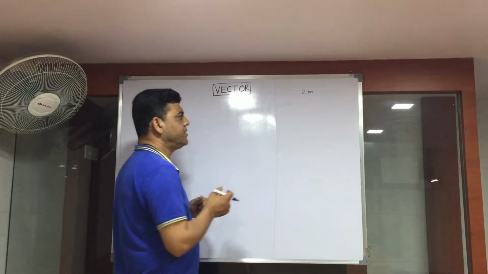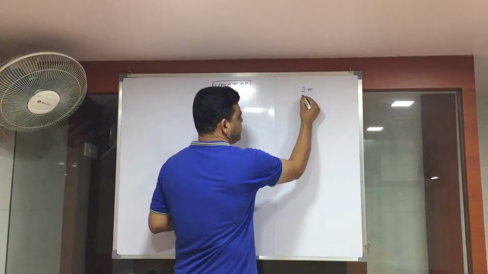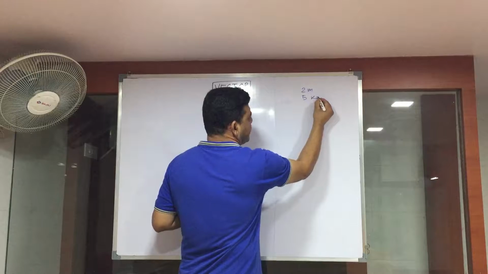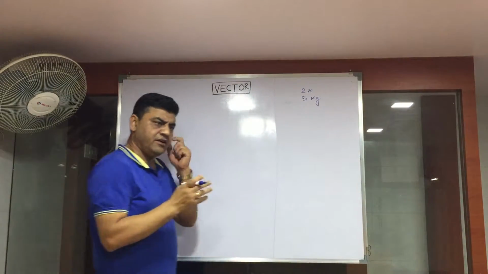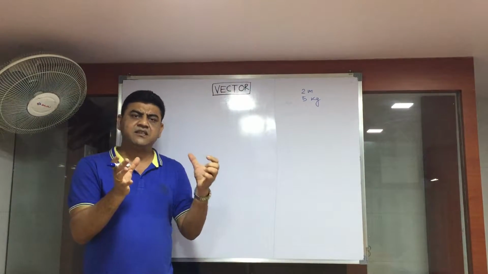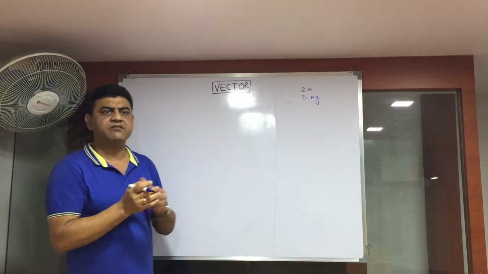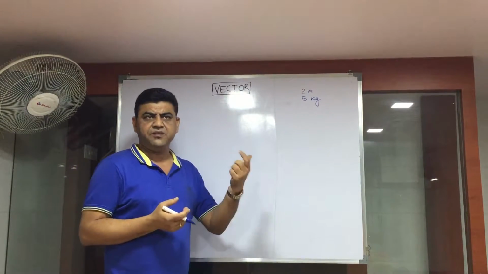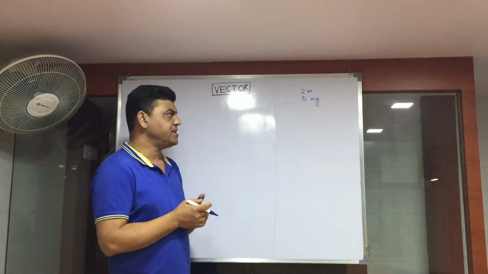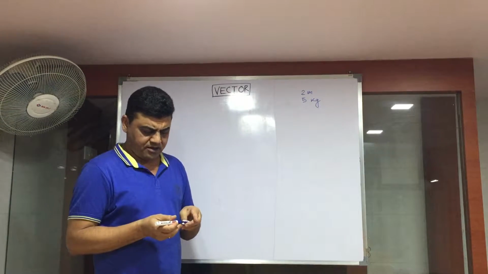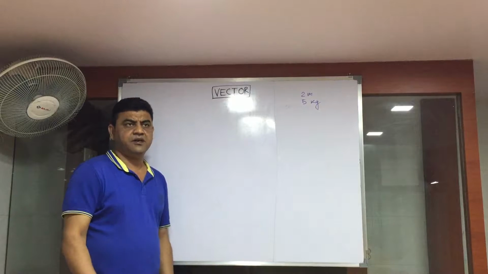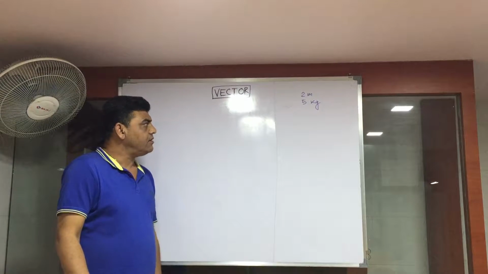Similarly, if we talk of a mass of 5 kg, we get a perception that this is an object which is 5 kg by mass, and generally we perceive by weight, so we say it weighs 5 kg, which is a gravitational unit of weight.